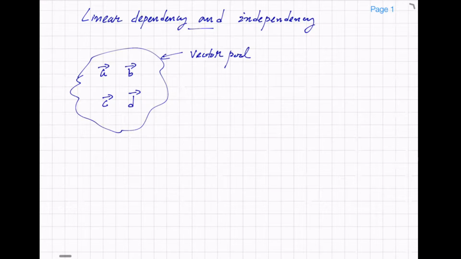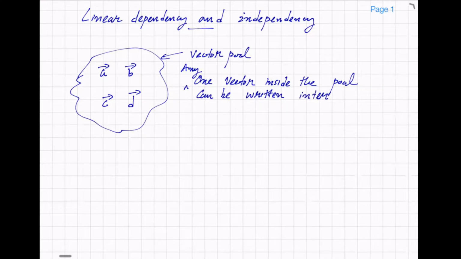Now linear dependency means one vector inside the pool, this should be any one vector, okay? So you can say, if you want, any one vector inside the pool can be written in terms of other vectors.